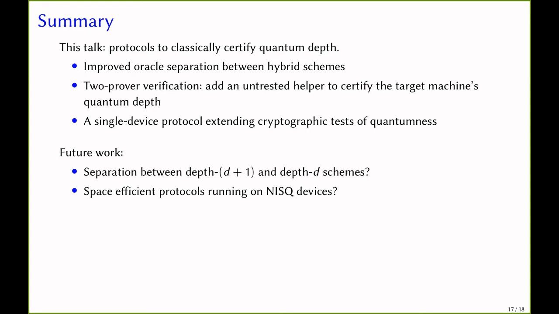Can we give space-efficient protocols that allow a very small quantum device to pass a verification with good probability? Currently, we gave a protocol whose round complexity scales with the depth we want to certify. Can we give a constant round protocol for an arbitrary d which is polynomially bounded?